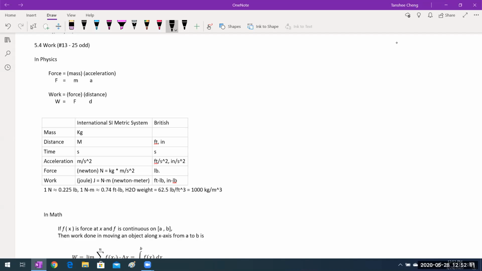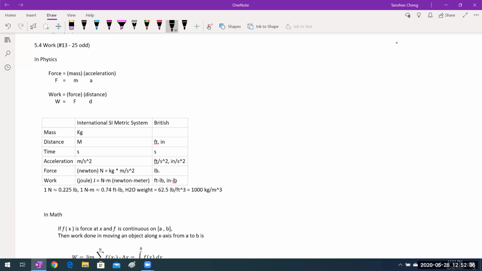So we're going to talk about a linear distance point of view. If you put an object on a table and push it from the starting point to 5 feet away, how much work is required to move this object there? That's what we talk about for work, which is force times distance.